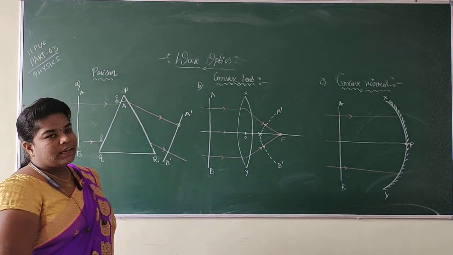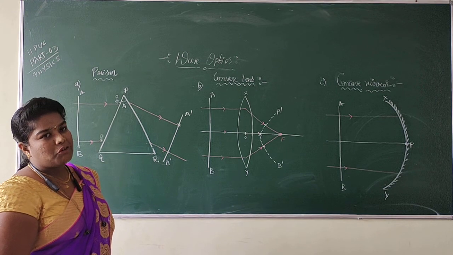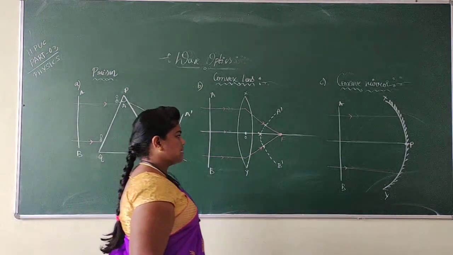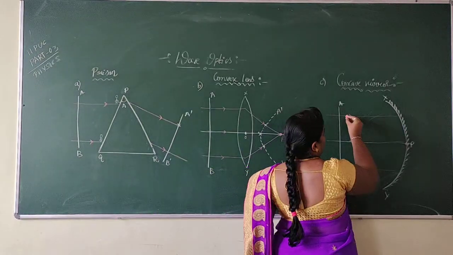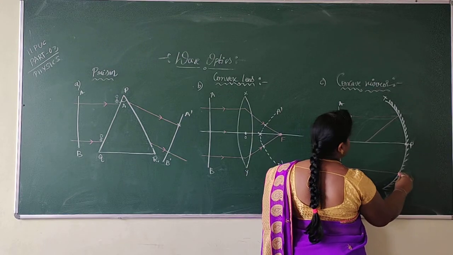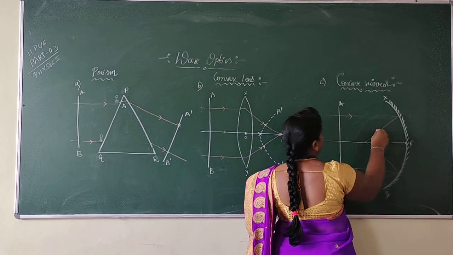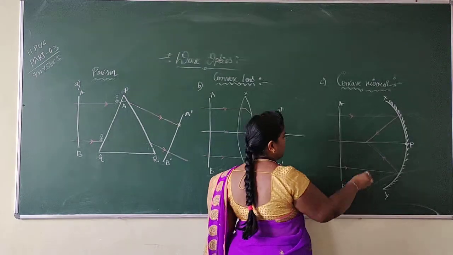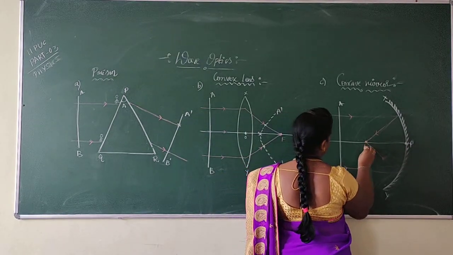After reflection, the rays of light are going to converge at a point called the principal focus. After reflection from the concave mirror, they meet at a point called the principal focus.